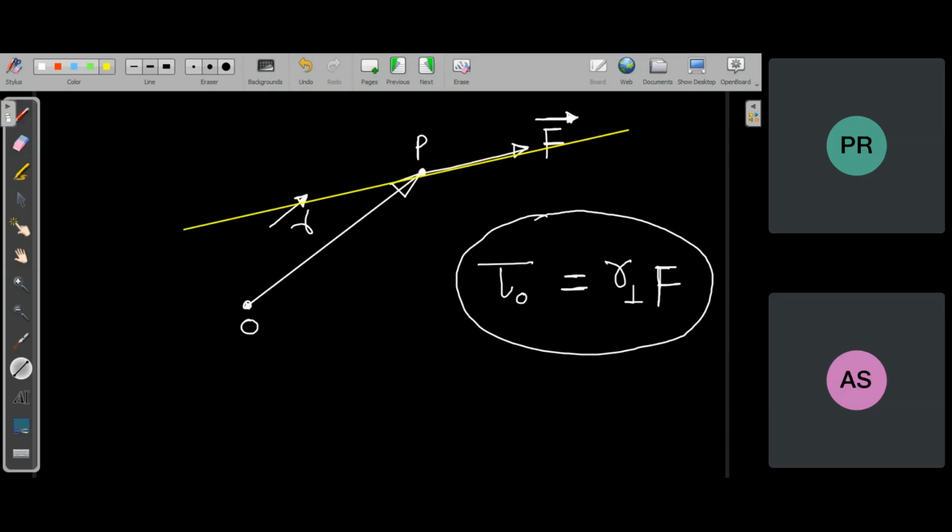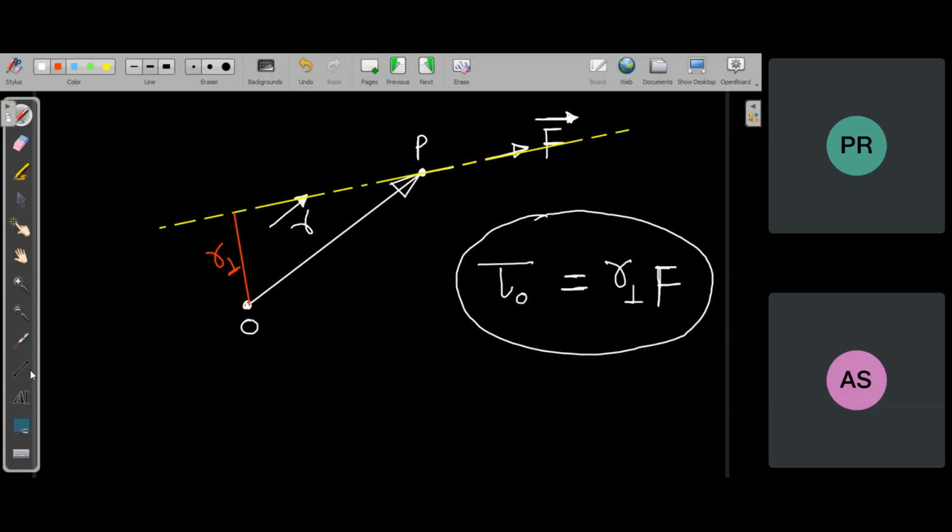This line is called the line of action of force. You can see this yellow line, and we can make it dotted. This dotted line represents the line along which force is acting. And if you drop a perpendicular from point O on this line, this perpendicular is called r perpendicular. Why is it called r perpendicular? Because it is perpendicular to the line of action of force.